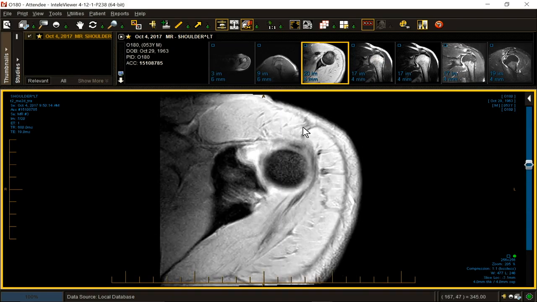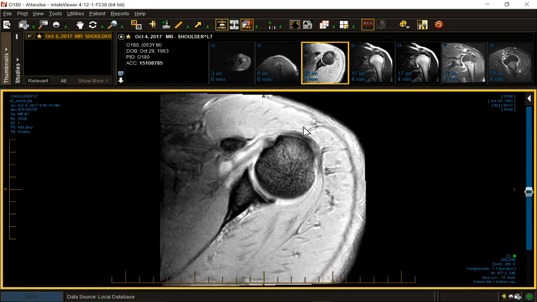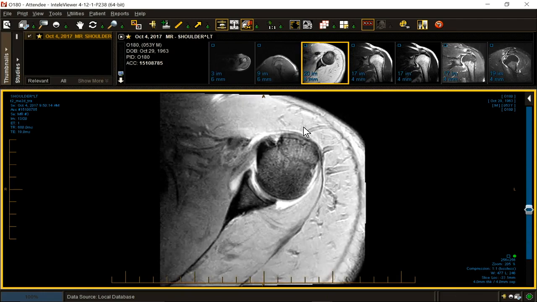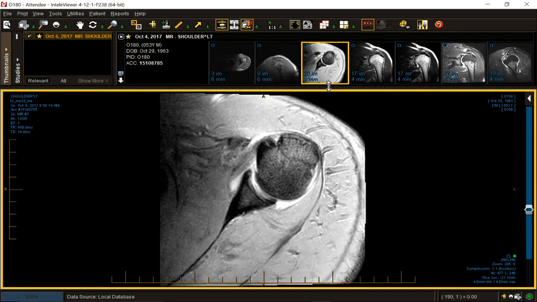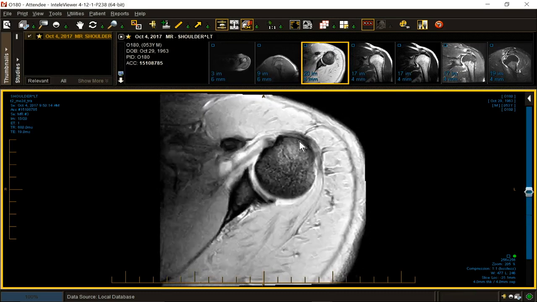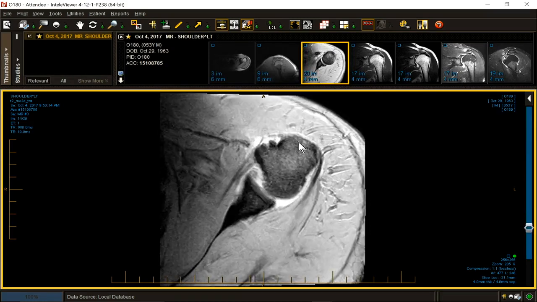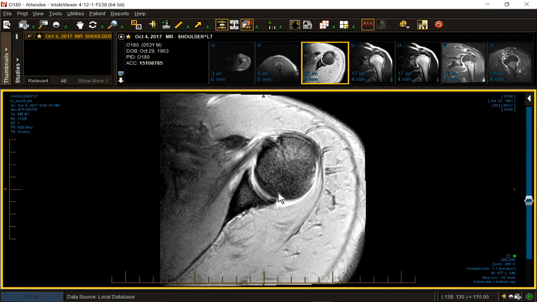A motion mismapped axial gradient echo off of a Siemens machine. 4 millimeters slice thickness, large patient. Swollen shoulder, slightly to center due to internal rotation.